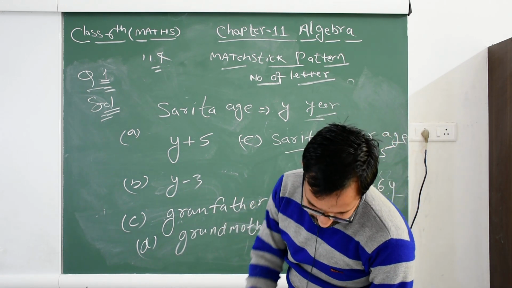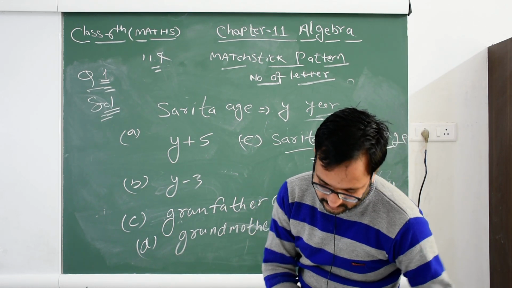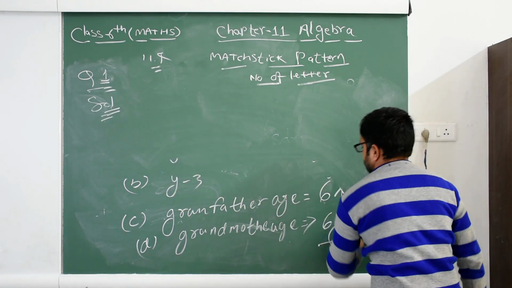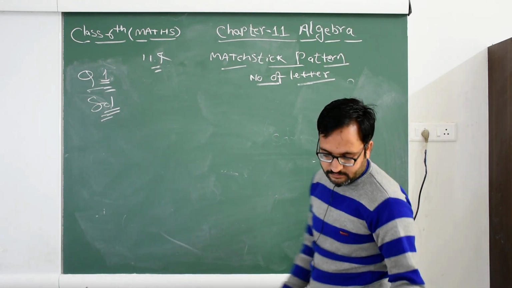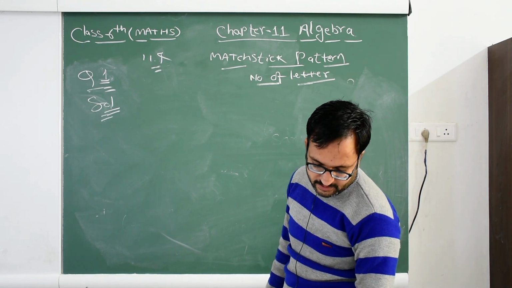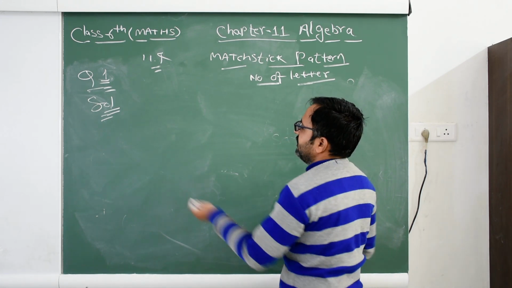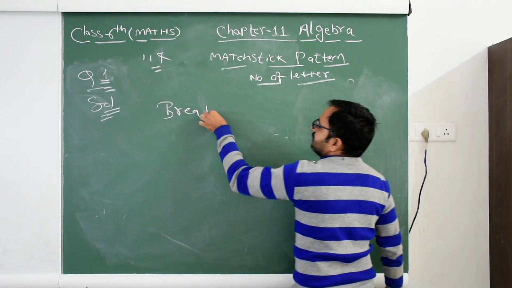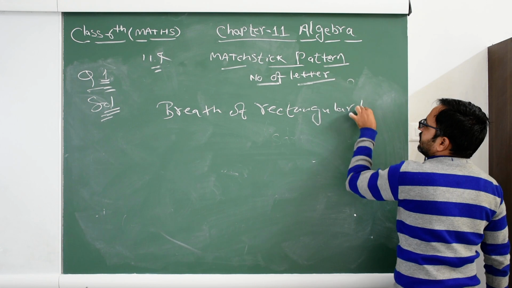Now the same question, B part. The length of a rectangular hall is 4 meters less than 3 times its breadth, and the breadth is b meters. We take b as a variable. b represents the breadth of the rectangular hall.